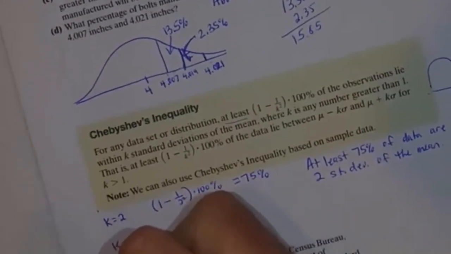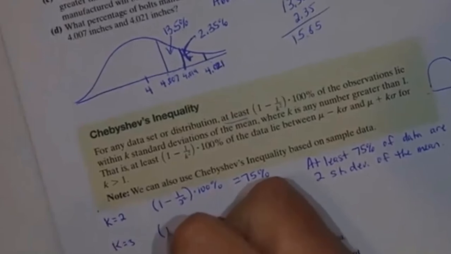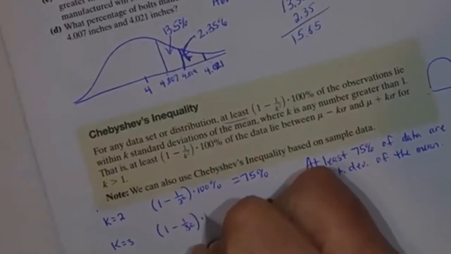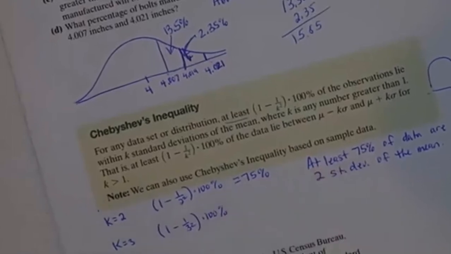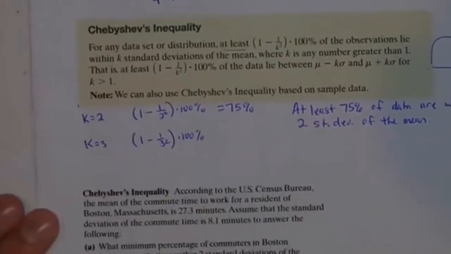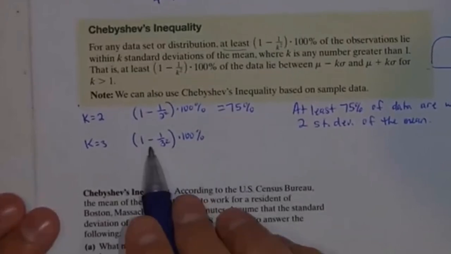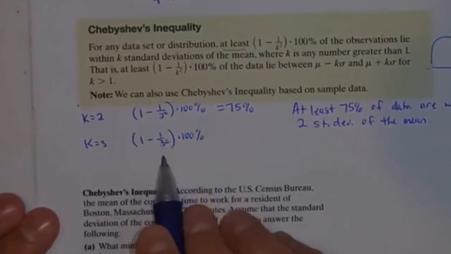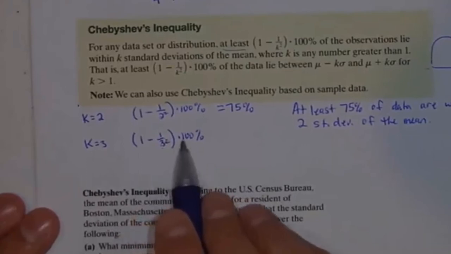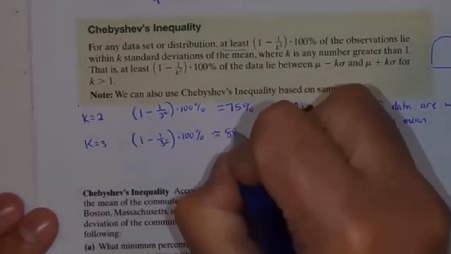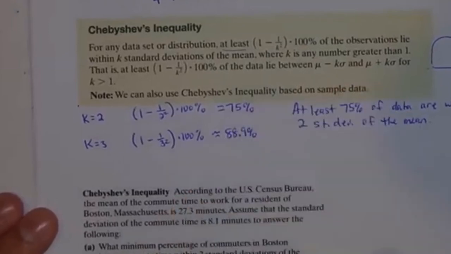If k equals 3, then Chebyshev's inequality would say 1 minus 1 over 3 squared times 100% of the data is within 3 standard deviations of the mean. So 3 squared is 9. So I have 1 minus 1/9, which is 8/9. And 8/9 times 100 is approximately 88.9%.